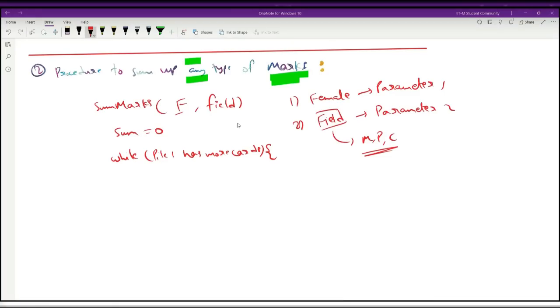See here, we had to write female. So, while pile 1 has more cards, what should we give now? Pick a card, and then if x dot gender is equal to female.